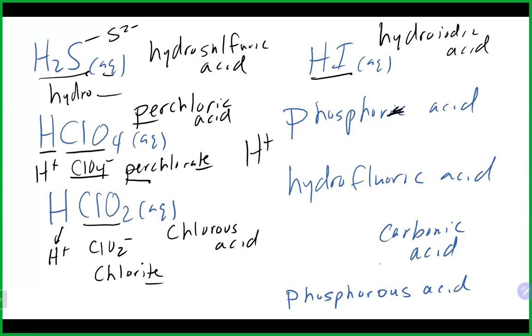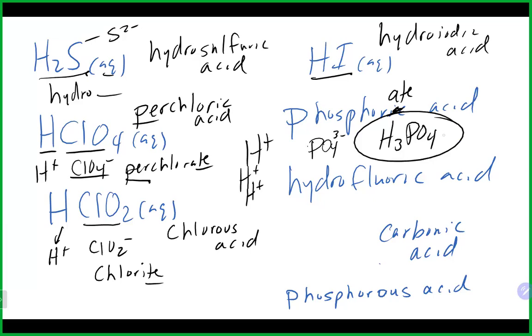Ic means it ends in ate, so if I just cross out the ic and put ate there, that looks a lot like phosphate, right? And now I could just use phosphate's polyatomic ion formula, and now I can put it together to equal 0, which means I need 3 of those hydrogens, so H3PO4. And you should have the aqueous next up.